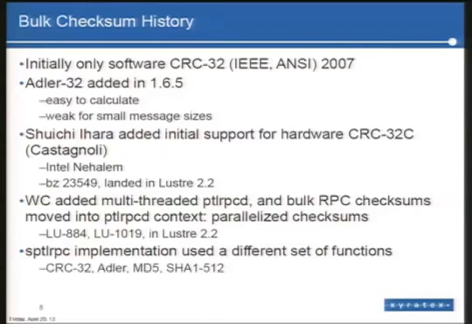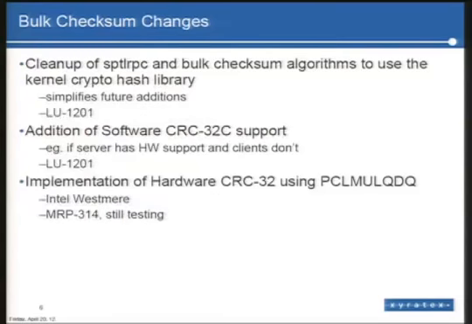And then WhamCloud has just recently, also in 2.2, added their multi-threaded client PtlRPC daemon, which vastly improves the single client performance by parallelizing checksums on the client. And then also, part of the history here is the secure PtlRPC layer that Lustre has, which has a completely different set of checksum functions. And so part of our goal is to clean up those duplicate functions.